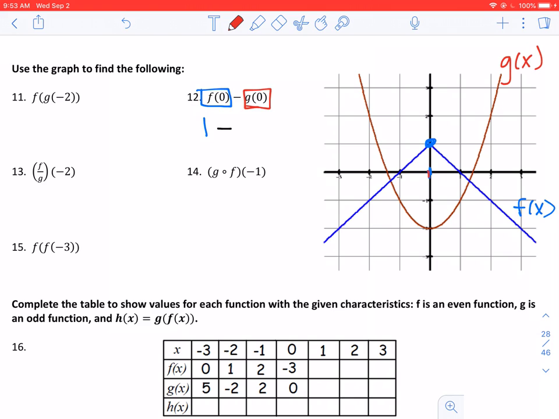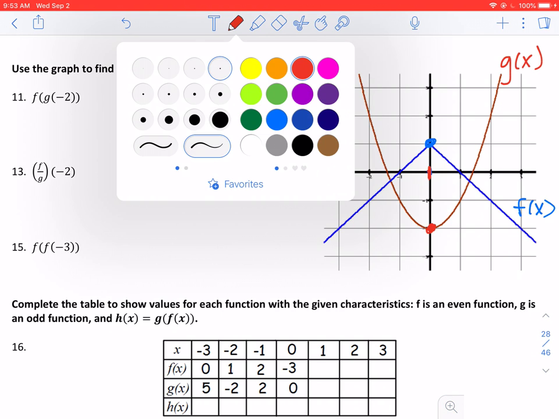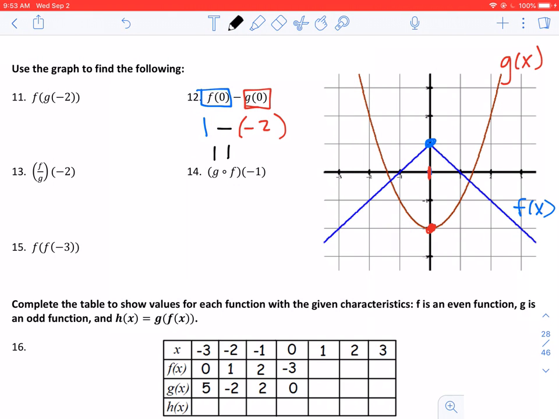So when x is 0, y is negative 2 on the g function. So hopefully you see why I chose to put that in parentheses, because 1 minus negative 2 is a lot like 1 plus 2, which is, of course, 3. F of 0 minus g of 0 is 3.